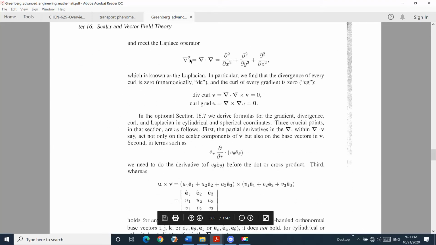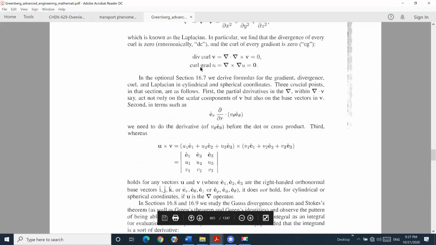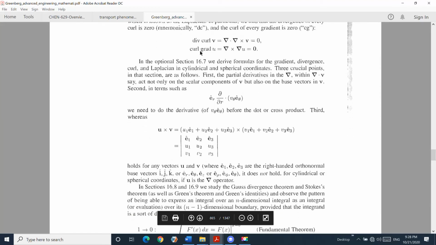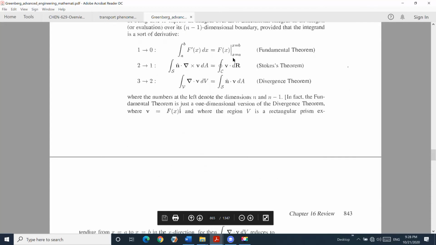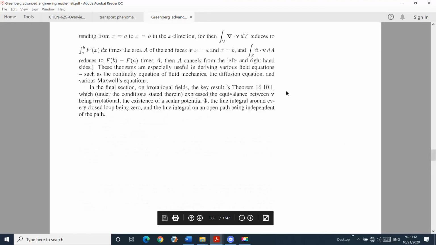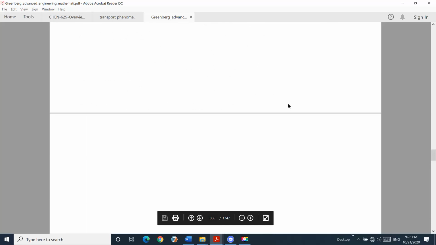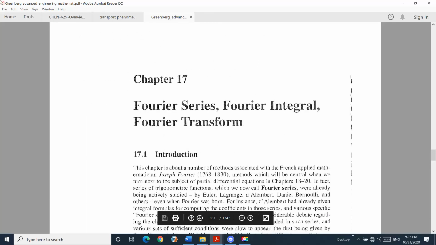The second order Laplace operator, we call this with the del operator, and divergence curl V like this, curl grad U, and so on. Fundamental theorems, the Stokes theorem, divergence theorem, and Green's theorem, and so on. This chapter is very important; it gives many important theorems we utilize in the derivation of the conservation laws.